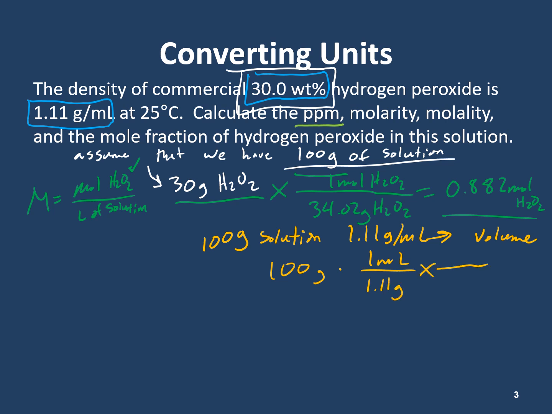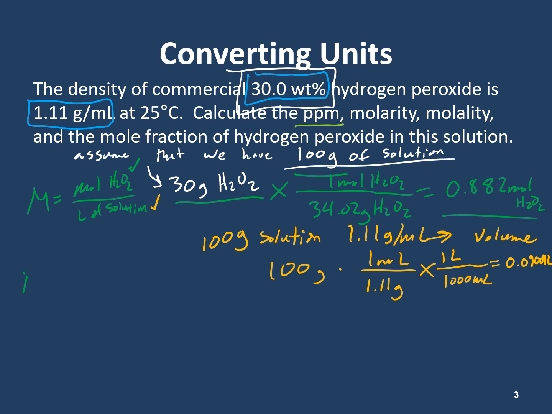I'm going to change this from milliliters to liters because I want it in liters. So 100 divided by 1.11, also divided by 1,000, gets me 0.09009 liters.